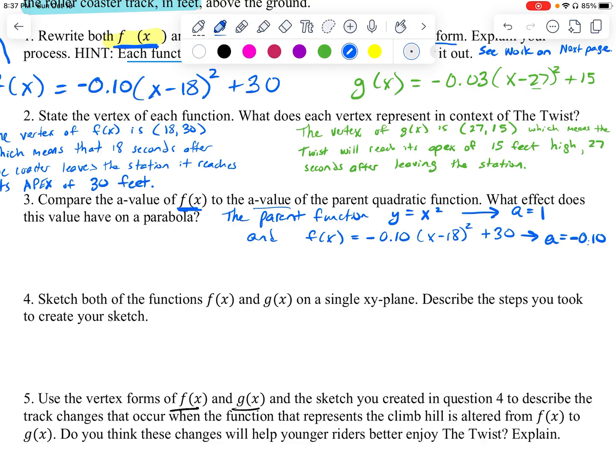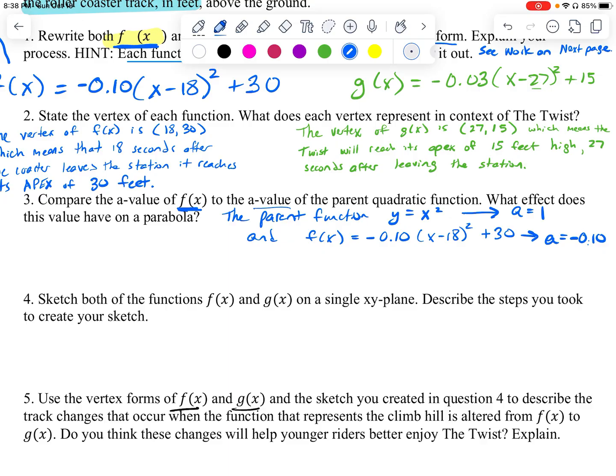So that sign tells me that this parabola is opening downwards. And the a being a fraction, or just 1/10 of 1, tells me that it's going to be compressed vertically. Remember, the a in front tells me my vertical stretch or compression.